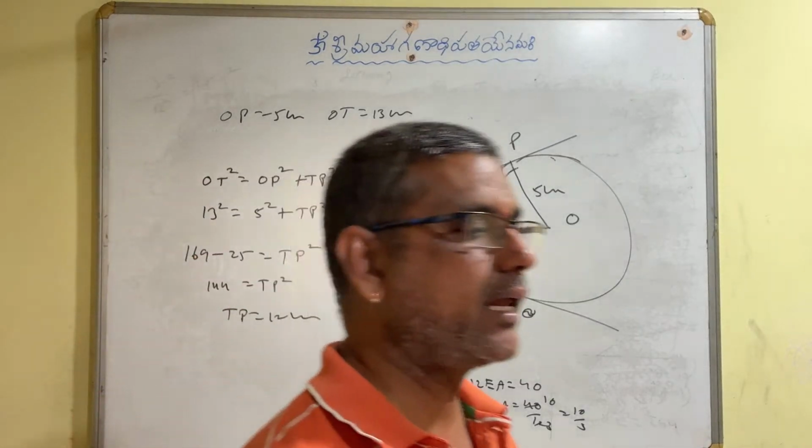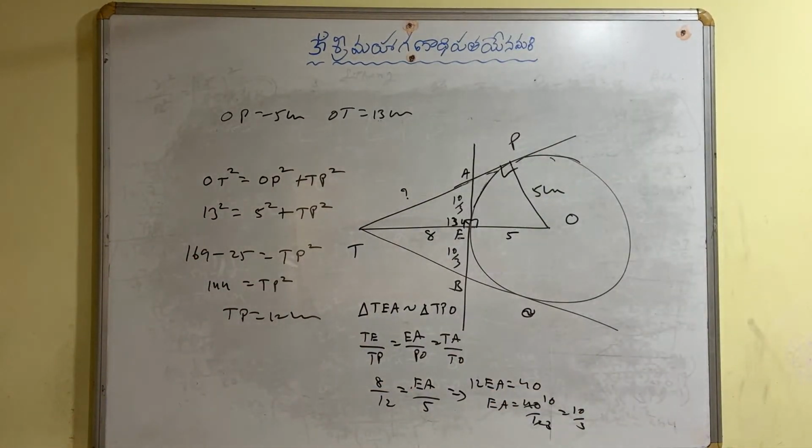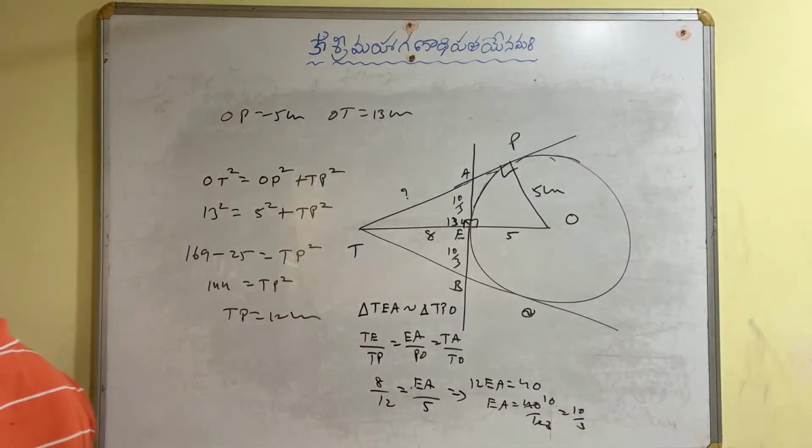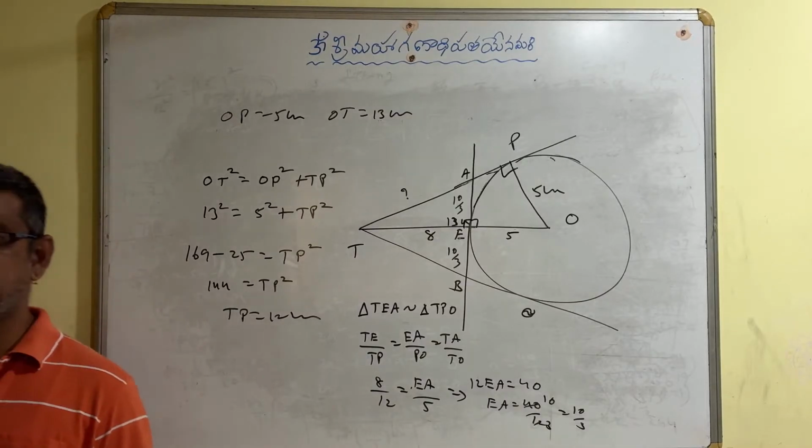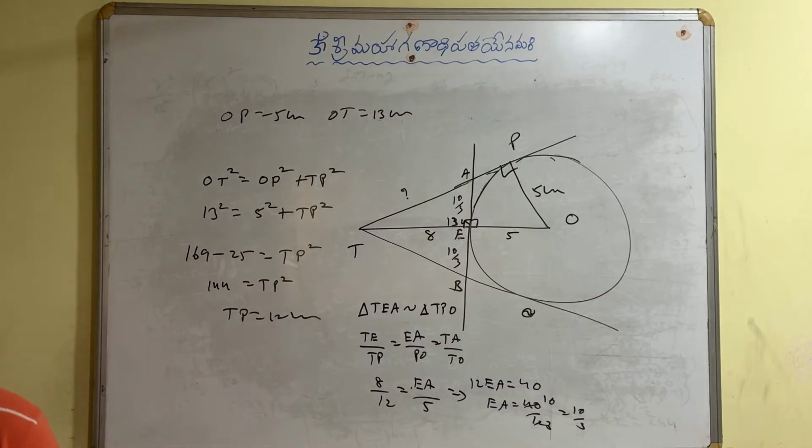What is O, children? O is the center of the circle. How many tangents can be drawn from the center of the circle onto the circle? Zero.